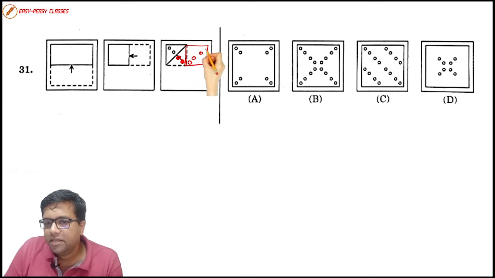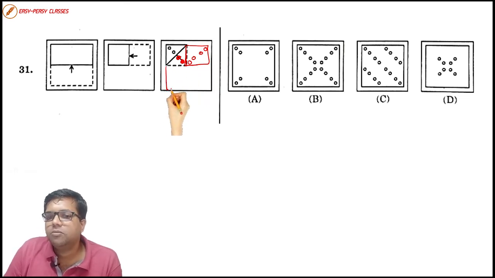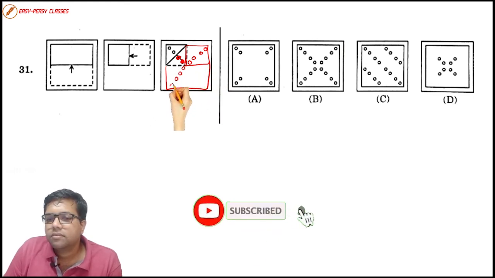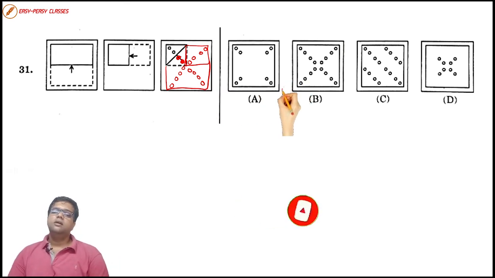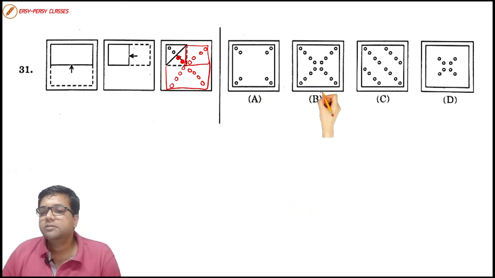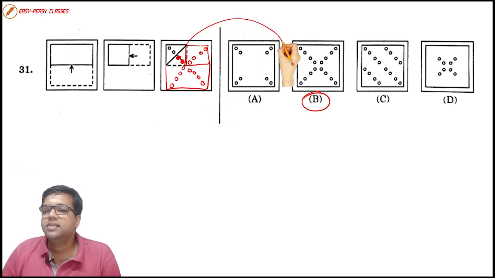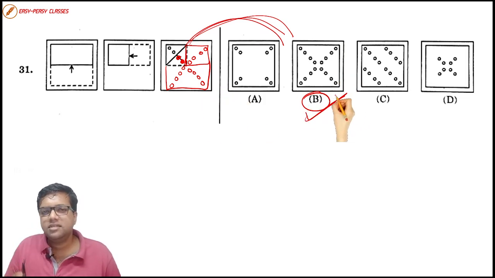See, the near parts will come near, and further you mirror the same thing over down. This is how it would look. And if you look at the options, option number B is exactly matching with what we have drawn over here. So option number B becomes the right answer. This is just as easy as that.